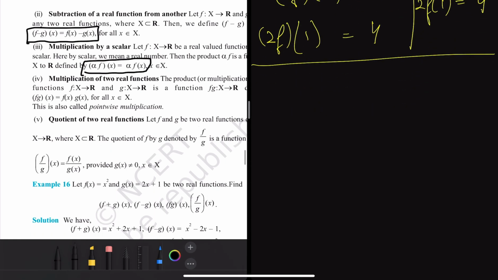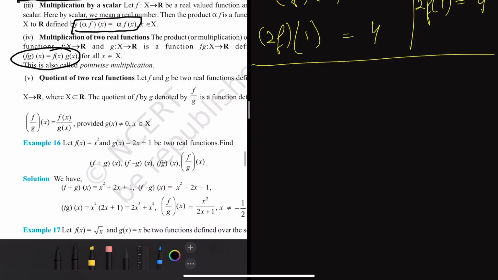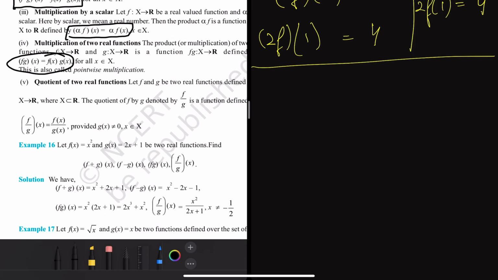Then multiplication of two functions will also work in the same way: whether you multiply them before or after putting the value of x, the answer will be the same. And then lastly, the quotient, that is division. This will also work the same way, given that g of x should not be 0 for any x.